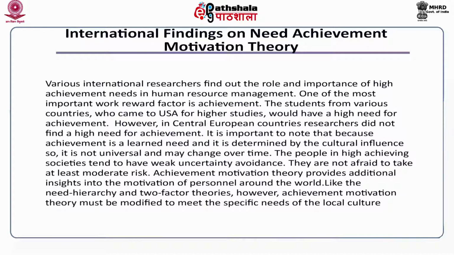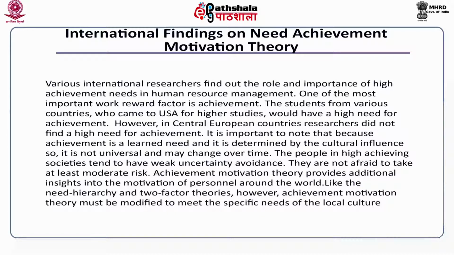It is important to note that because achievement is a learned need and it is determined by cultural influence, it is not universal and many changes over time may be there. The people in high achieving societies tend to have weak uncertainty avoidance. They are not afraid to take at least moderate risk.